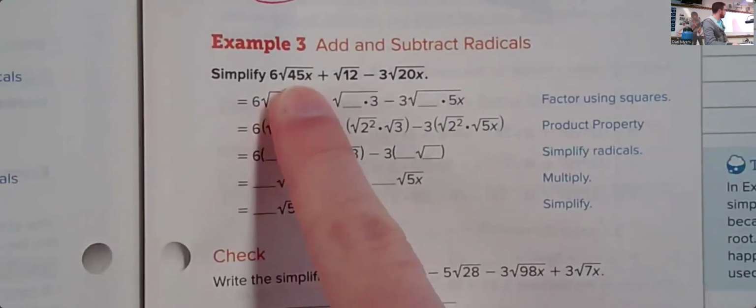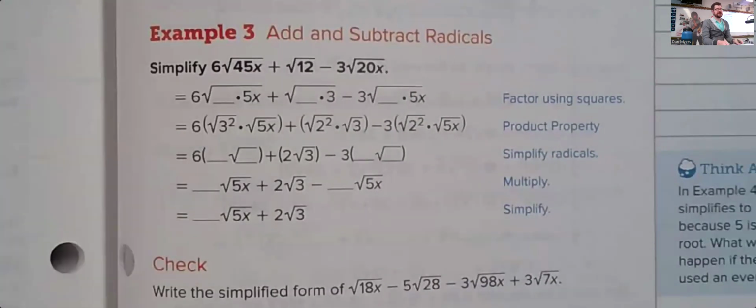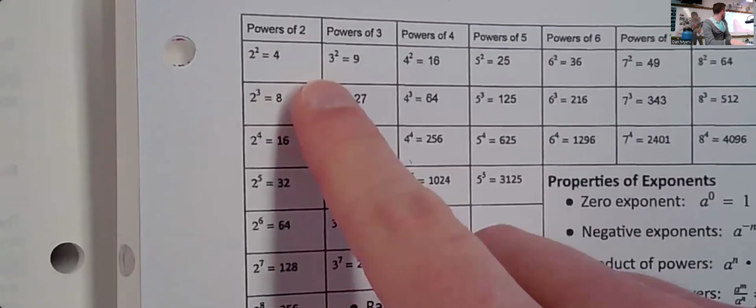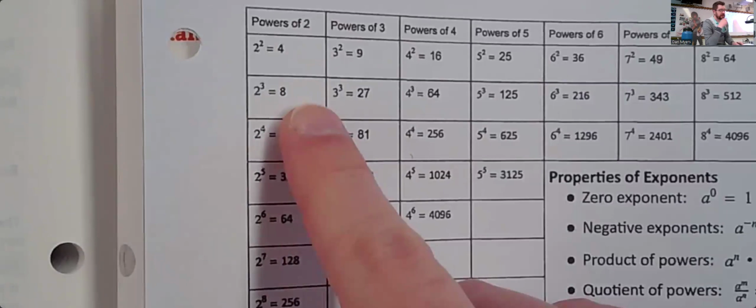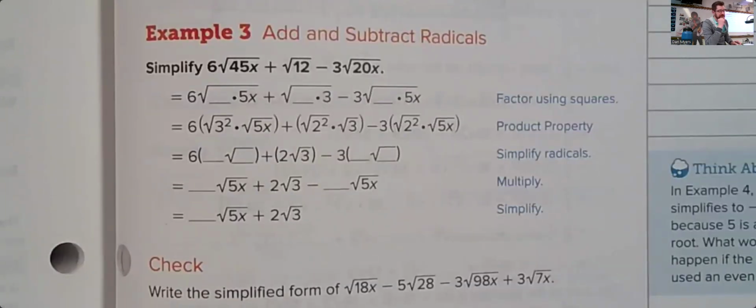If you look at the square root of 45, if you look at the perfect squares list here, which of those numbers is 45 divisible by?